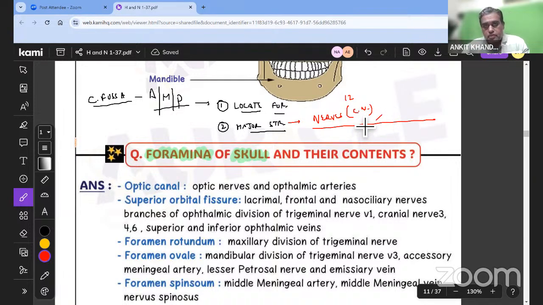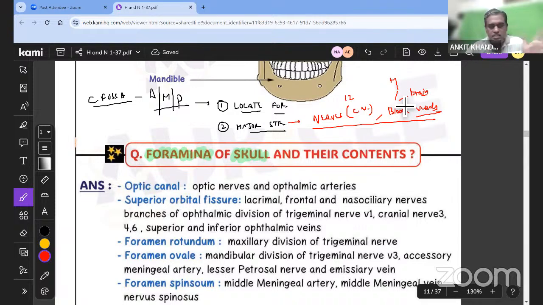Second thing is, the brain needs vessels. So you have the blood vessels as well. Blood vessels can either go to the meninges or to the brain itself. So there are basically two groups of structures that we normally find as contents of the foramens: either the vessels, which can be artery or vein, artery is coming, vein is going.